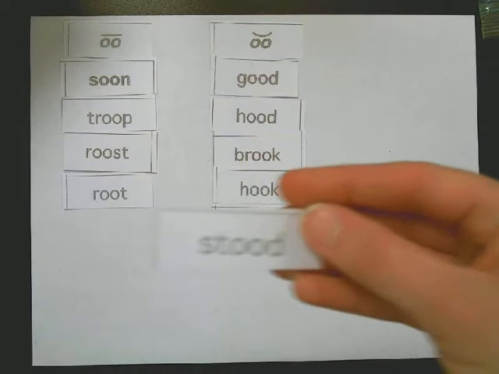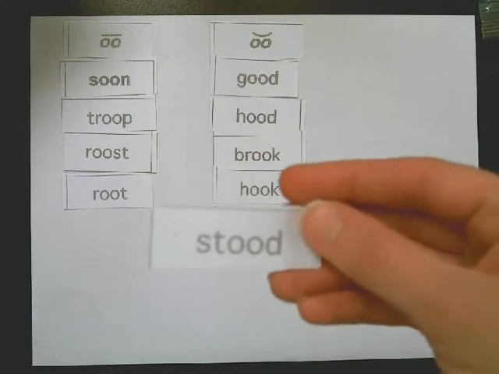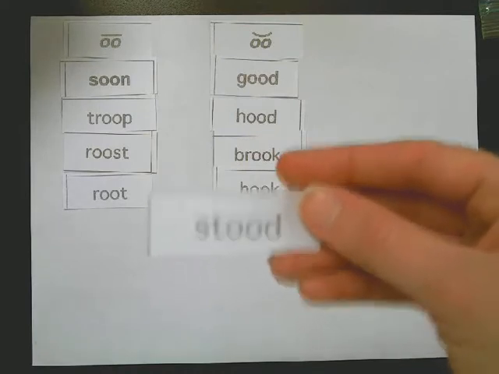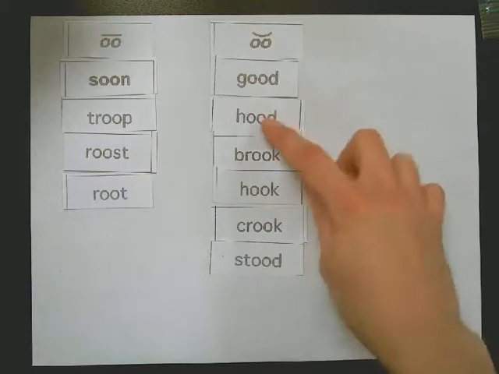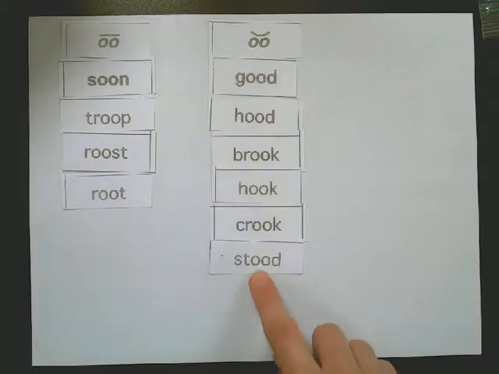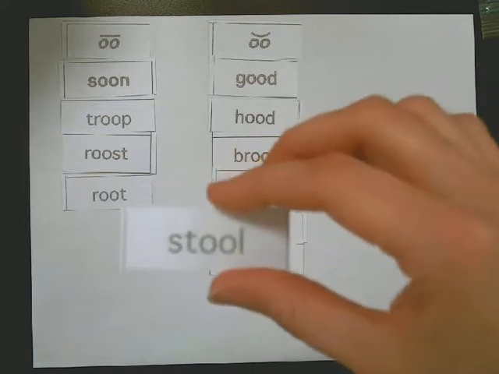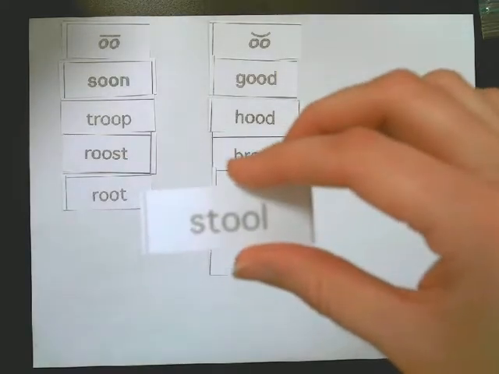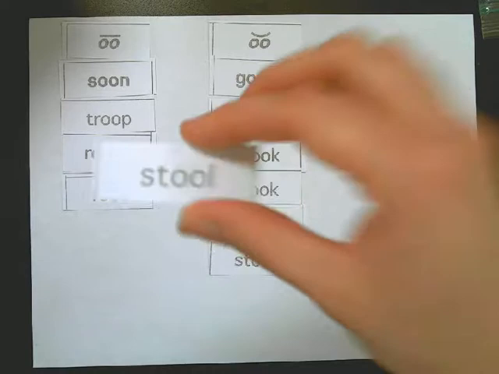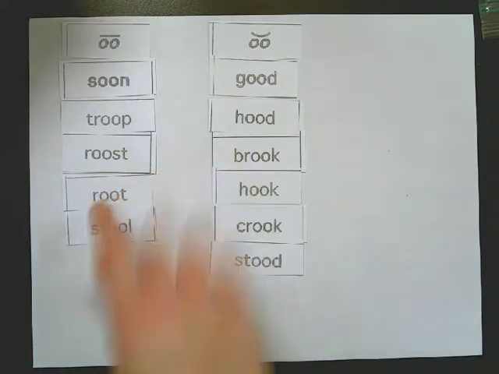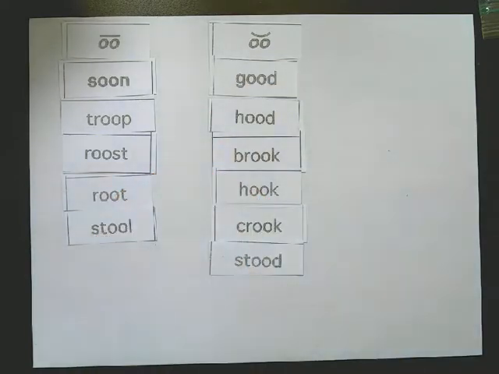This is the word stood. You stood up when I asked you to. Again, like in good or hood, we hear the sound like in stood. Here's the word stool, ooh, like in the word soon or root.